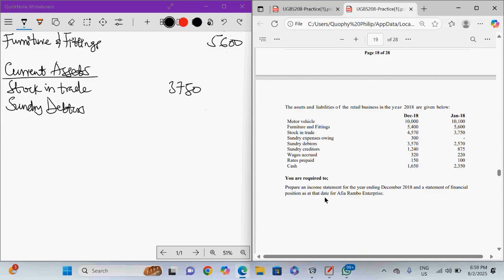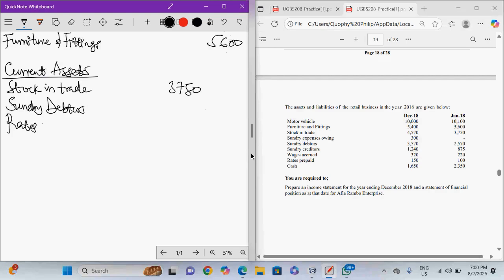What other current assets? Rates prepaid. You have paid the rate in advance, so that is an asset, right? Sundry debtors is 25.